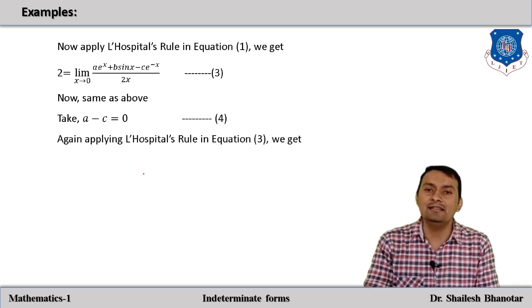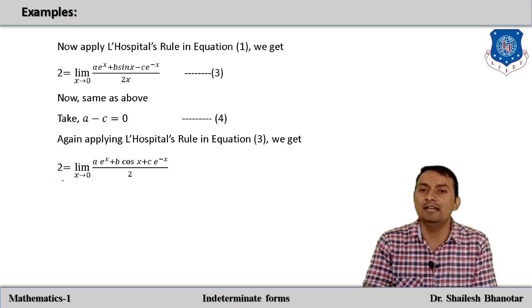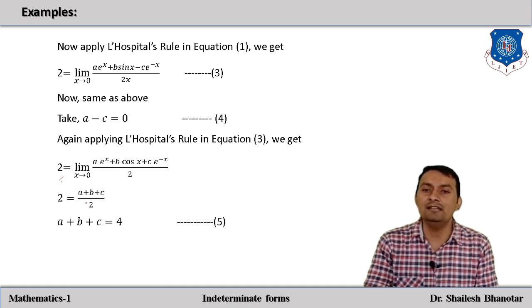After applying the same L'Hopital's rule we get the limit as x tends to 0 of (a e^x + b cos x + c e^(-x)) divided by 2, which is equal to 2. The limit already exists. If we put x equal to 0, we get (a + b + c) divided by 2 equal to 2, that means a + b + c = 4.